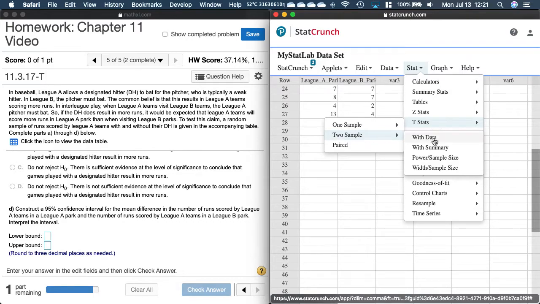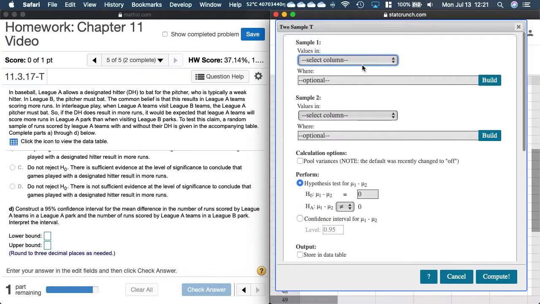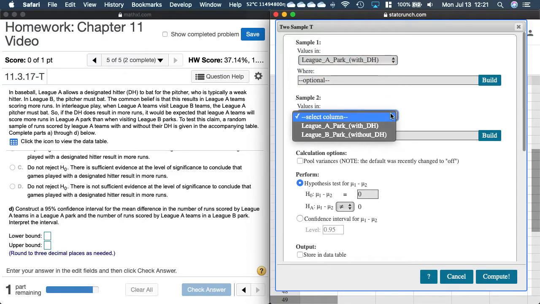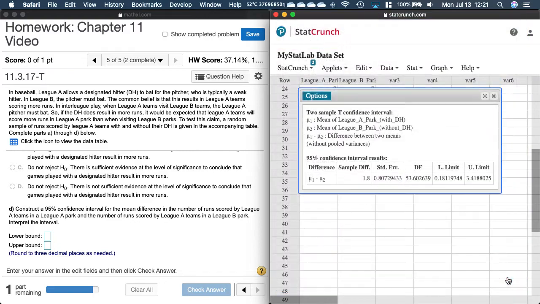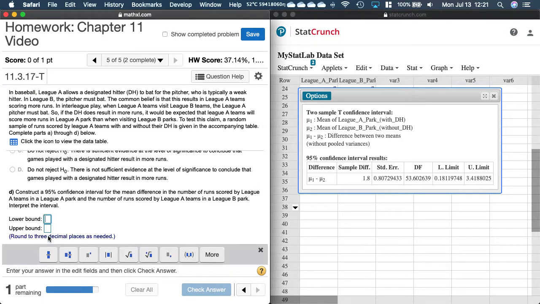Here we'll select League A, and here we'll select League B, and here we'll check confidence, and we want 95. All right.